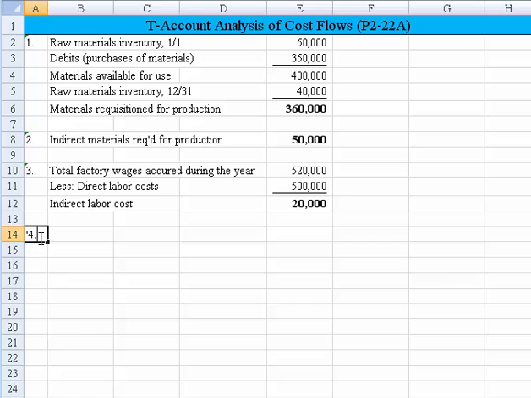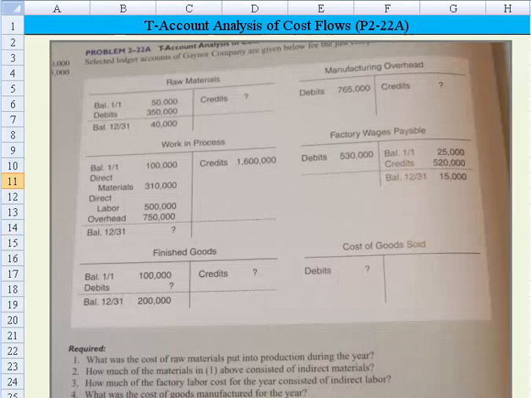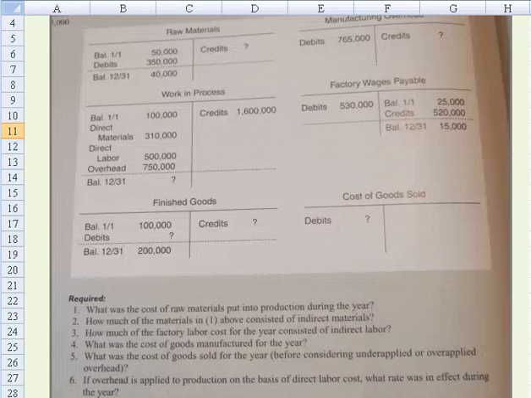Now let's take a look at number 4. All right, let me slide a little bit so we can see. To the left of my mouse it says what was the cost of goods manufactured for the year. And that one's relatively easy to find. When we're done with work in process, we have to transfer it to cost of goods sold.